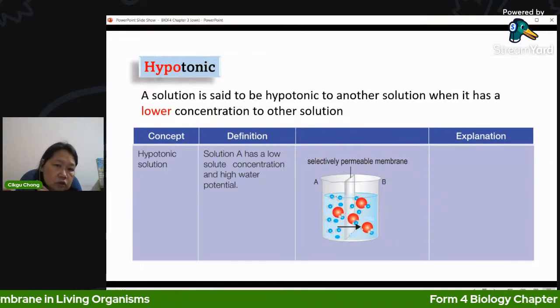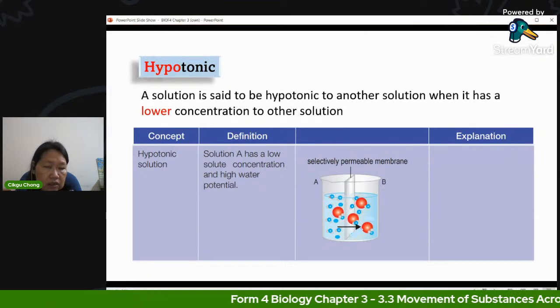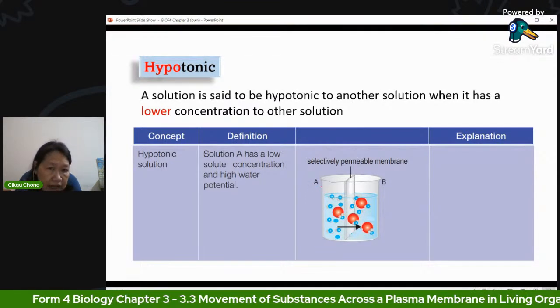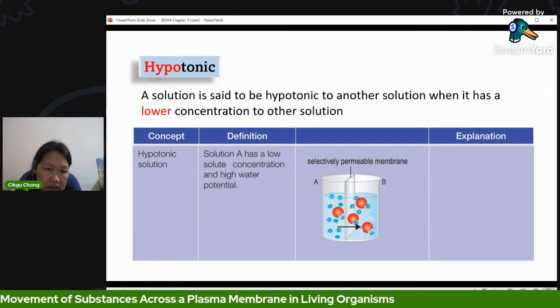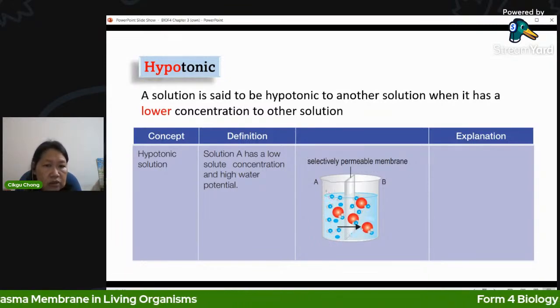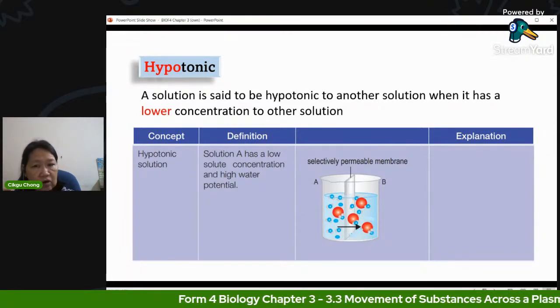But if you talk about solvent, look at the blue circles here, referring to the water. For A, blue ones: 1, 2, 3, 4, 5, 6, 7, 8, 9, 10. I've got 10 molecules of water on A. Whereas on this side, 1, 2, 3, 4, 5, 6. I've got 6 on B.